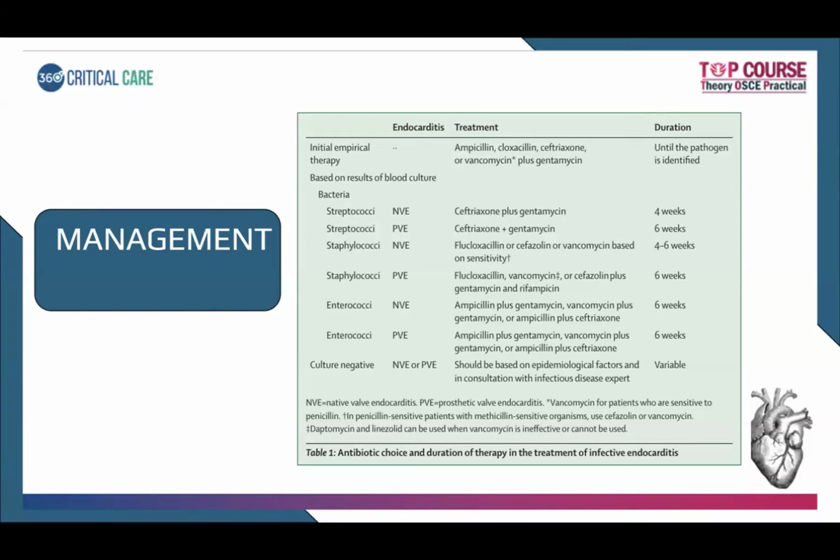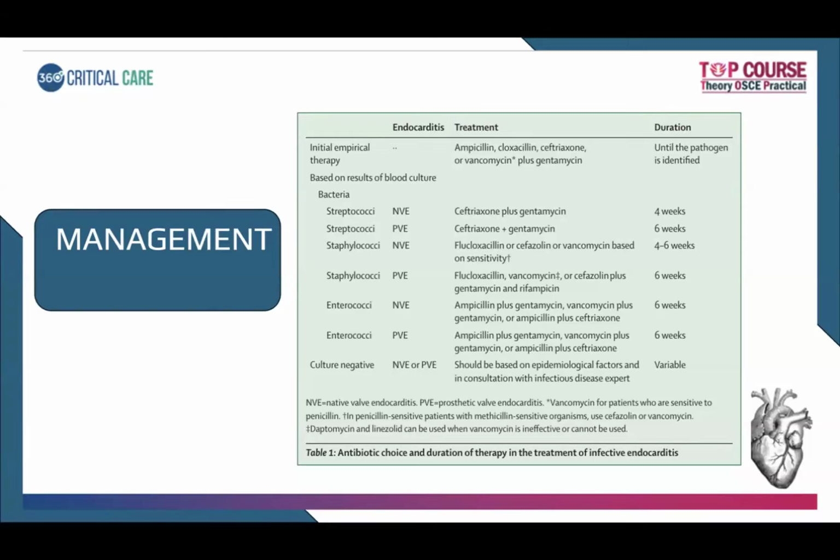Whereas in prosthetic valve, you either use flucloxacillin or vancomycin plus gentamicin, and rifampicin to be added in a prosthetic valve. It should be continued for 6 weeks. In enterococcus, again penicillins plus gentamicin or ceftriaxone plus ampicillin can be used for 6 weeks. Whereas in a prosthetic valve endocarditis, same combination for 6 weeks.